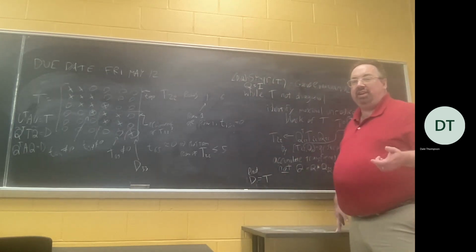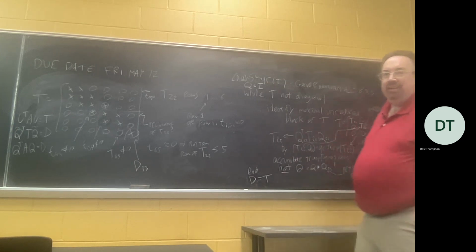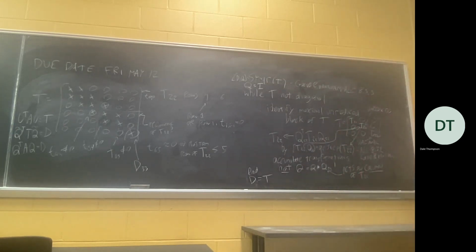So you start out being identity, and then you're just multiplying it by stuff. The accumulation matrix is what is going to reduce T to diagonal.